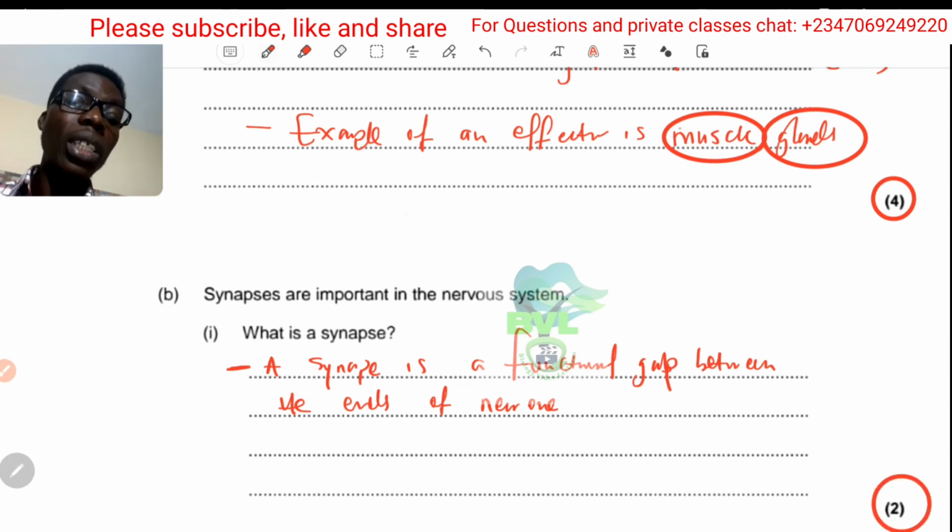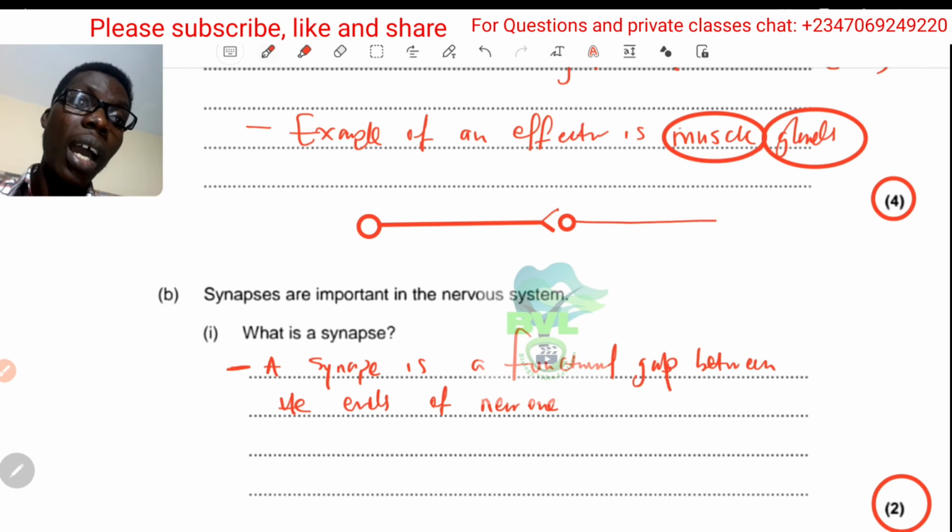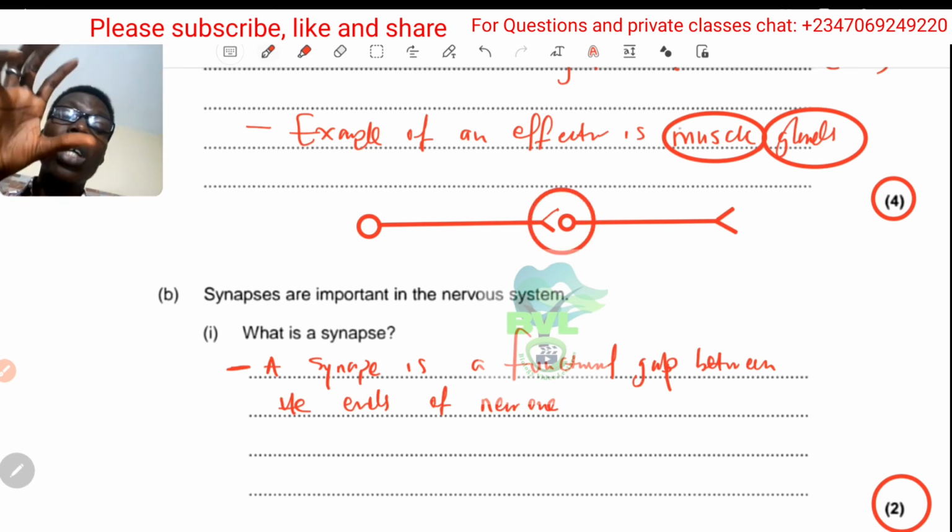Before I continue, let's say this is a neuron that has the cell body, the axon, and it has axon terminal like that. Now, this is another neuron with its dendrite and cell body, axon terminal, like that. Now, this space, that whole structure, is called the synapse.